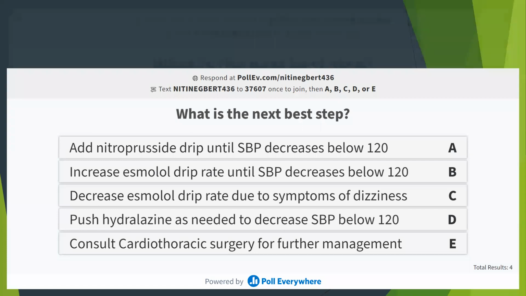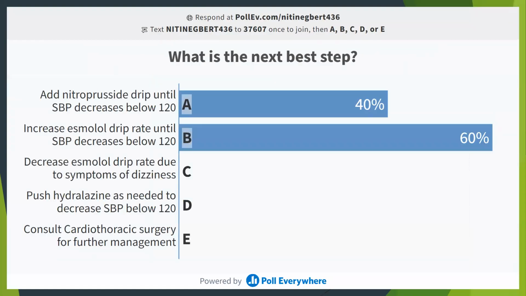All right, let's see what people are saying. Add nitroprusside or increase the esmolol drip. Neither of those is really a wrong answer. I would prefer adding the nitroprusside drip in this case, because your heart rate is actually already at goal. It's better to just add the nitroprusside. Don't drop the heart rate anymore, just drop the blood pressure.